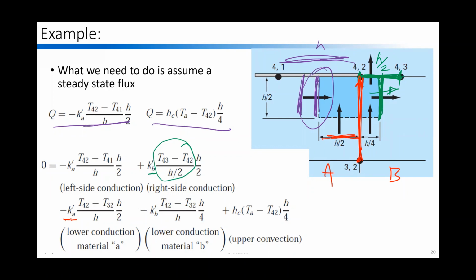Okay, so now we're ready for conduction on material B. So this side. So notice that now we have this Kb, because we're moving through material B again, but we still maintain the same derivative, right? These are the same, because that difference, that analytical or that numeric derivative, is the same.